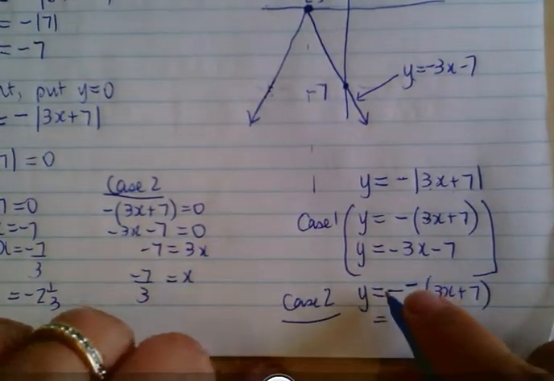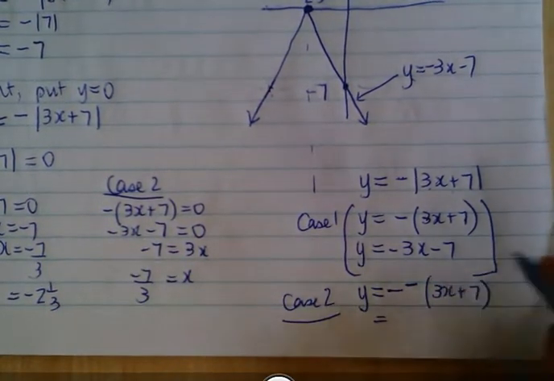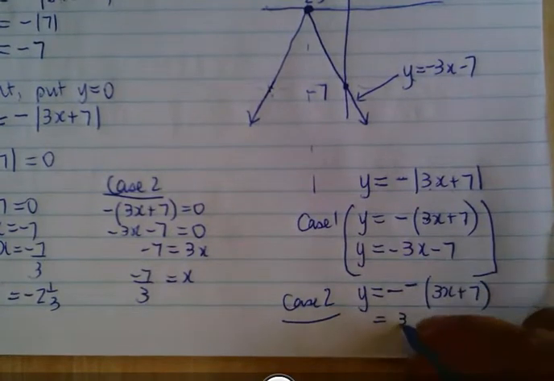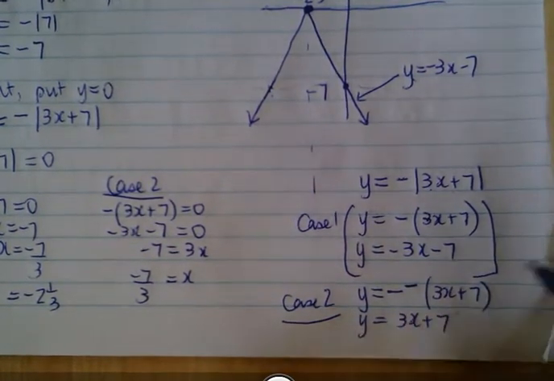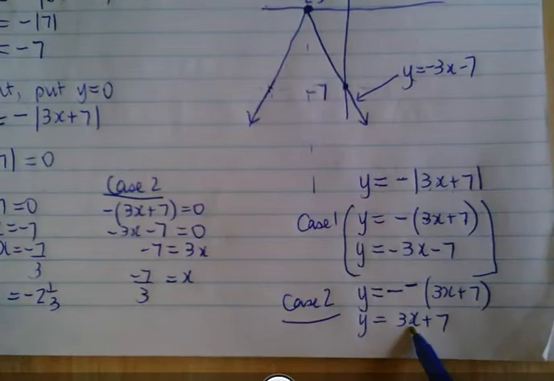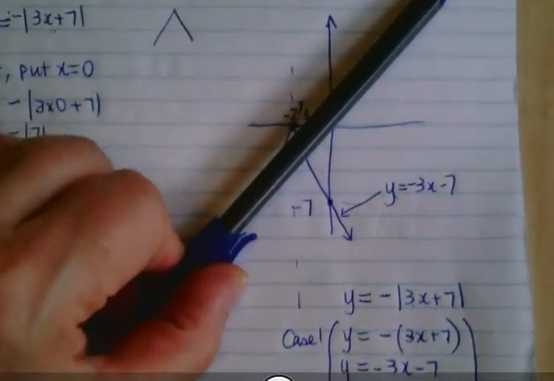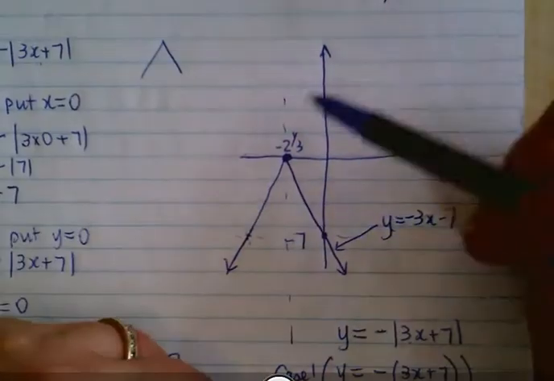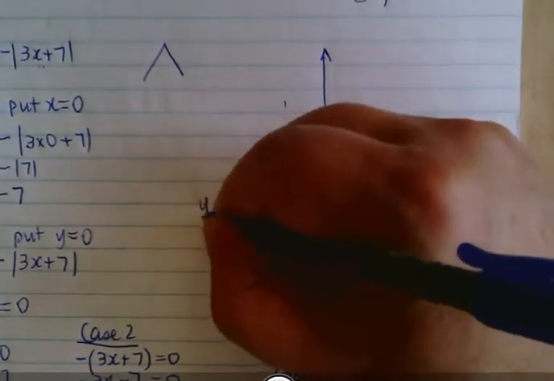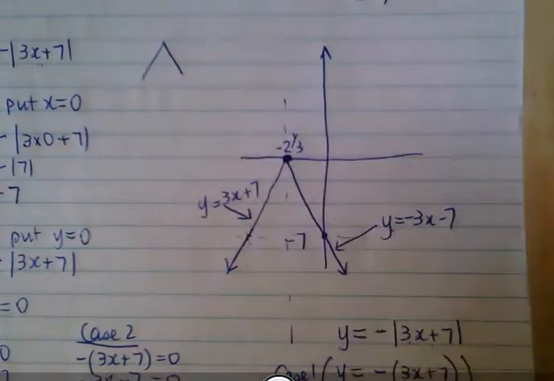So negative of negative is a positive. So the equation of the line is 3x plus 7. Now that has a positive gradient and its y-intercept would be 7 if the line continued. So the equation of this line is y equals 3x plus 7.